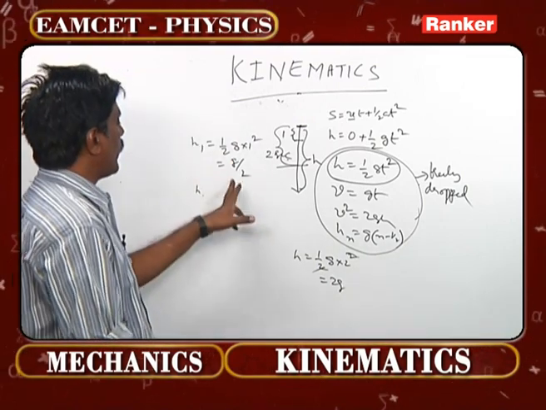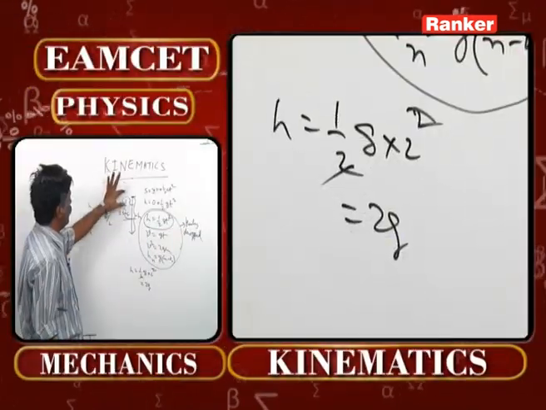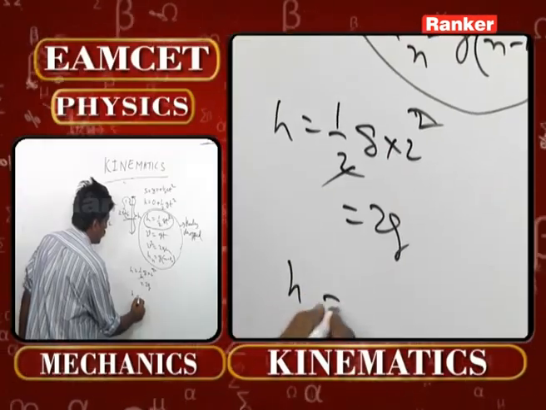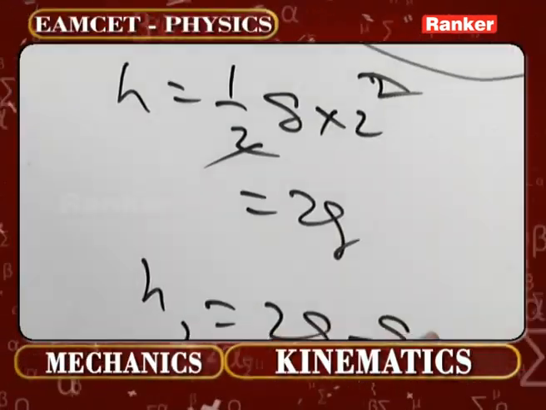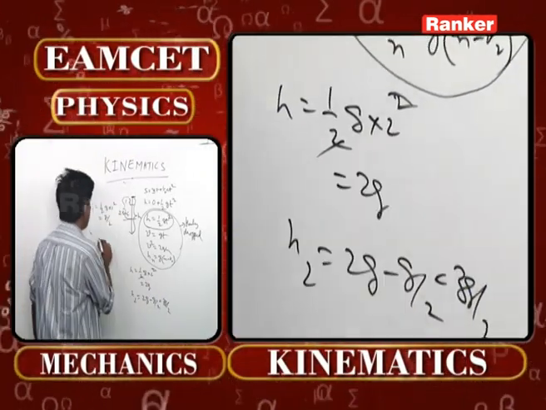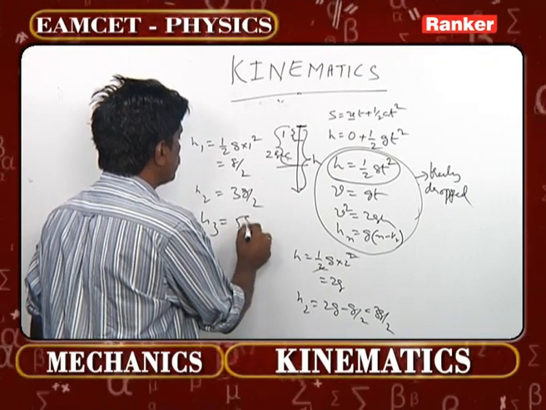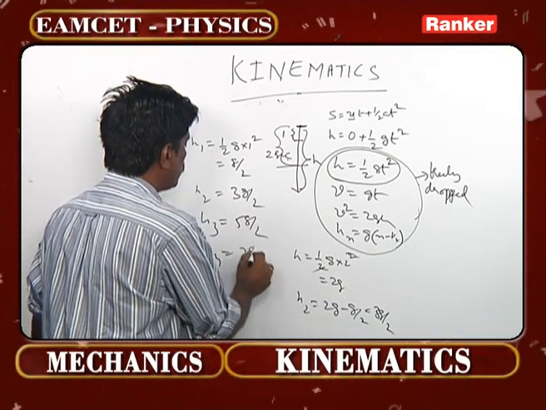But in the first second it travelled a distance g by 2. So in the next second it travelled a distance equal to h2 is equal to 2g minus g by 2, which is 3g by 2. So h2 is equal to 3g by 2. You can find h3 is equal to 5g by 2, h4 is equal to 7g by 2, like that.